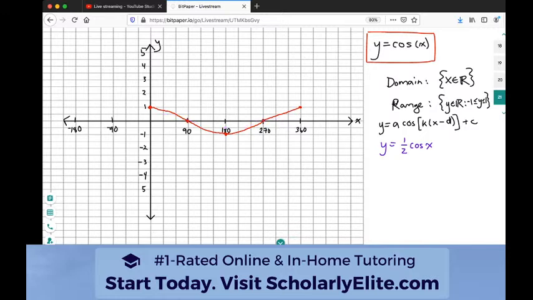Now let's try y equals cosine of x minus 4. There are no brackets here, so I know that's the c term, and I just need to move everything down by 4. If it was at 1, then it's going to go 1, 2, 3, 4.